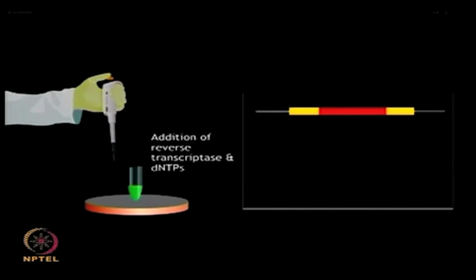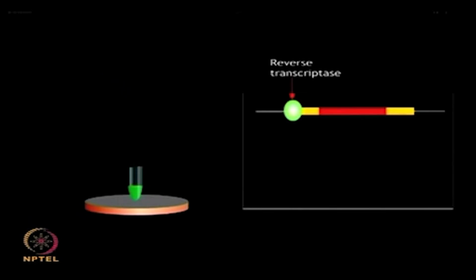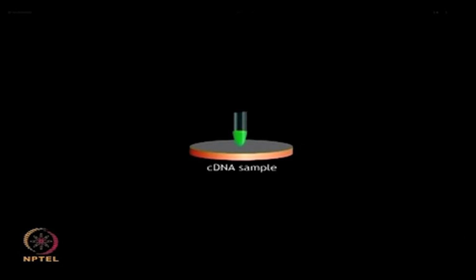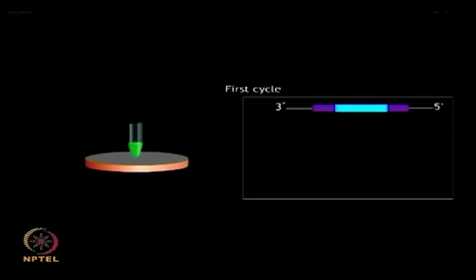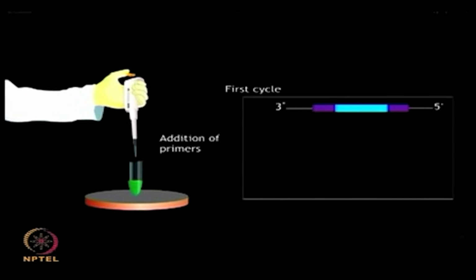This enzyme, which is commonly found in viruses, is capable of synthesizing DNA from an RNA template. Traditional PCR is then performed on the cDNA obtained, by addition of primers, which are allowed to anneal at 54 degrees centigrade.